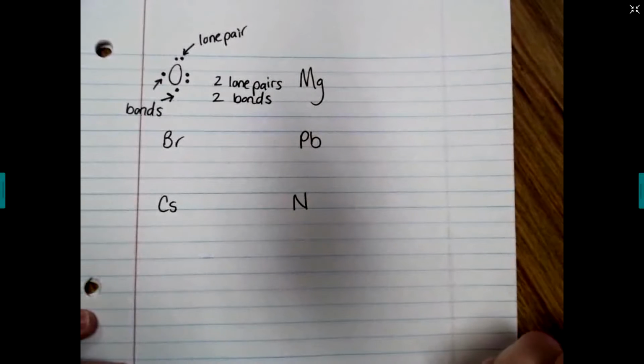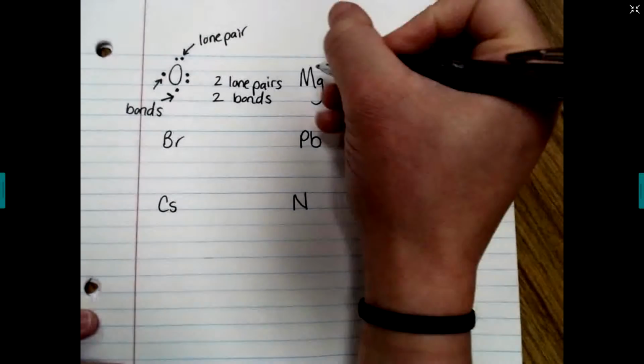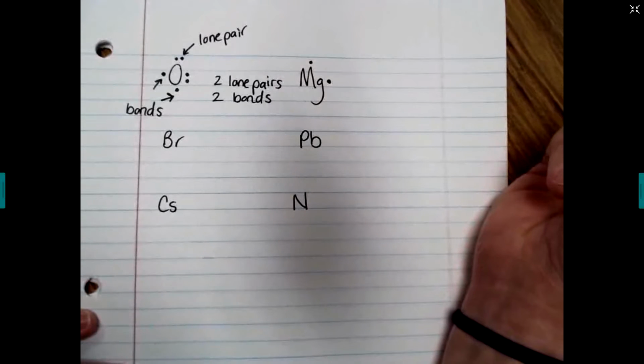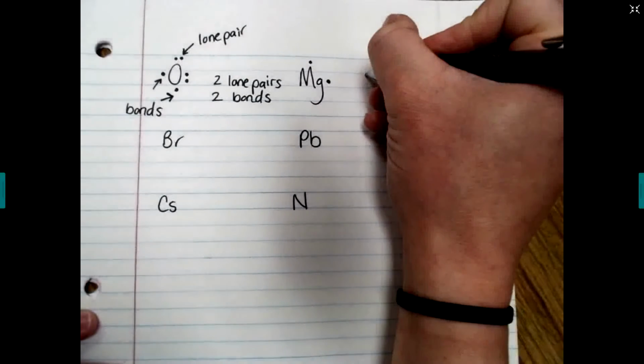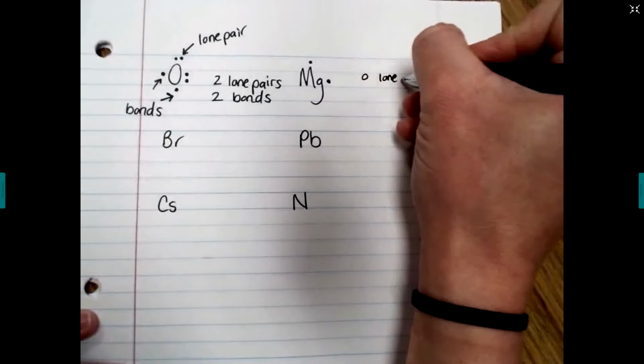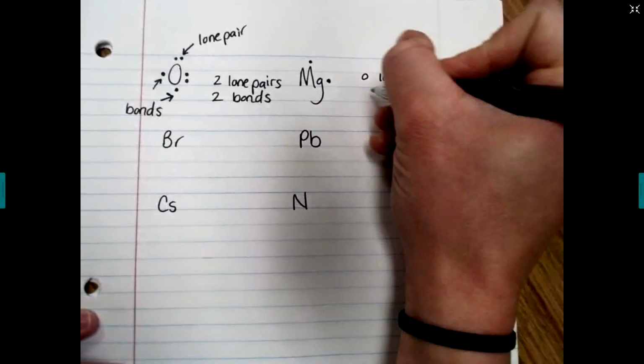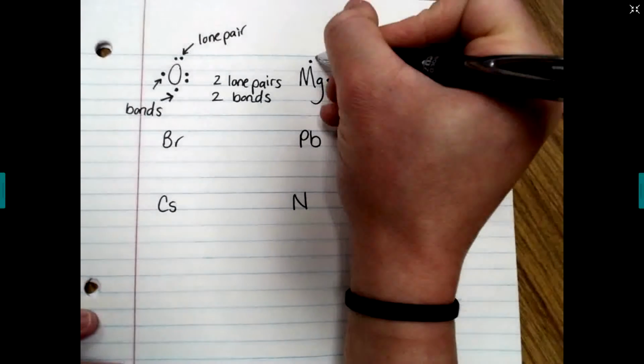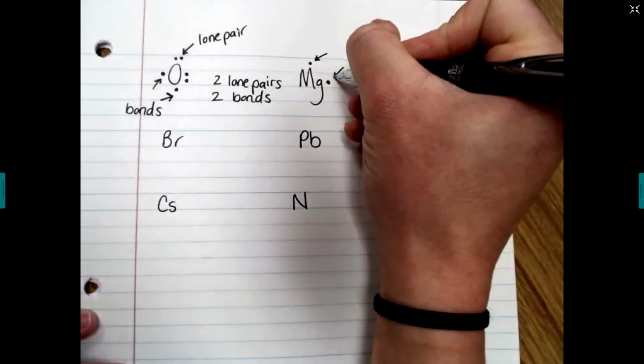Now magnesium has 2 valence electrons, so we're going to put one on 2 of the sides of magnesium. You can see that magnesium has 0 lone pairs, but it has 2 spots available for bonding, one here and one here.